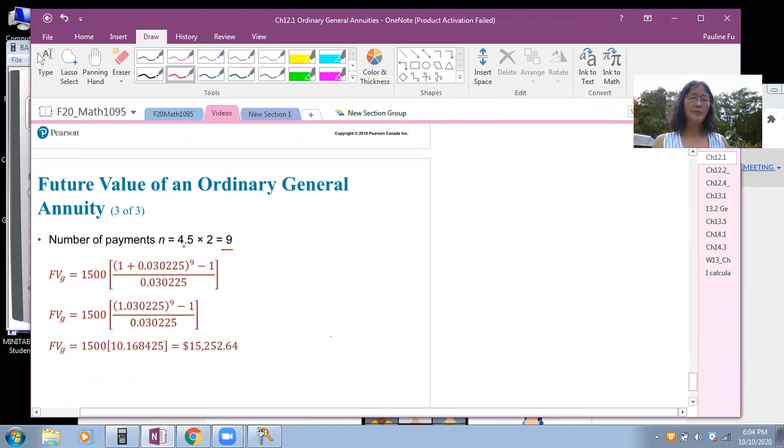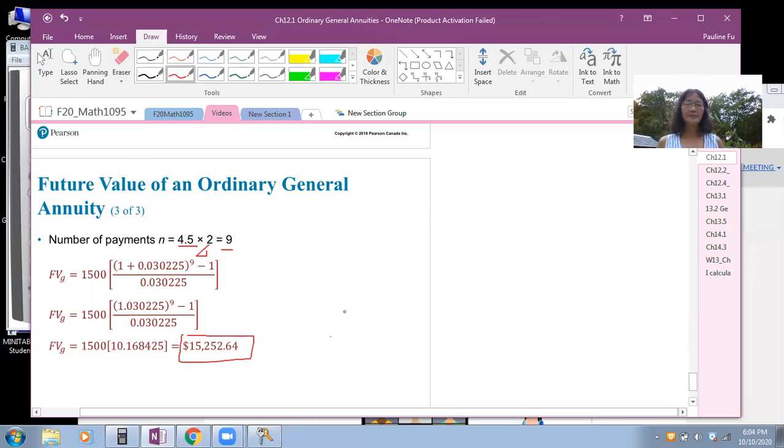The number of payments: this person makes a payment every 6 months, so 1 year he made 2 payments. The total is 4.5 years times 2, equal to 9. You plug in the numbers here and you get the future value of the annuity. So this is method 1.